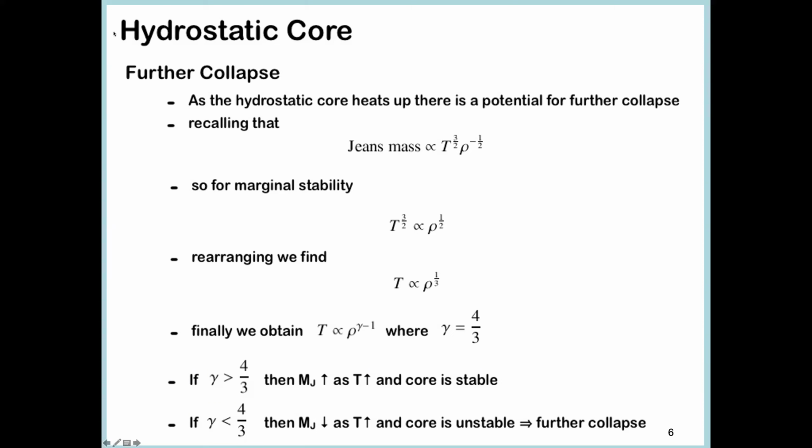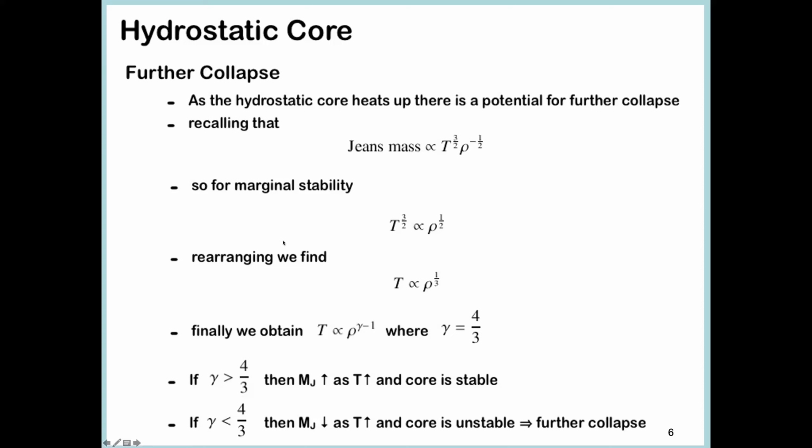So as the hydrostatic core heats up, there is a potential for further collapse. So let's see this potential. We can just recall the Jeans mass. If you remember, the Jeans mass is proportional to, you should know this by heart now, T to the 3.5 times rho to the minus 1/2.